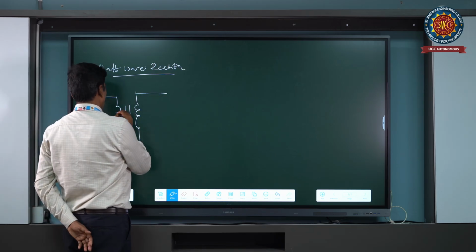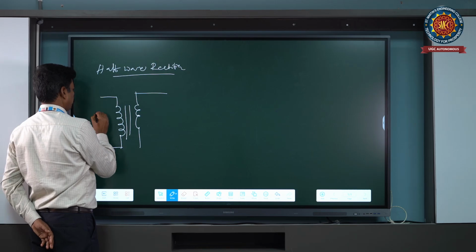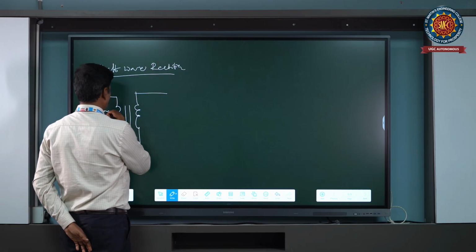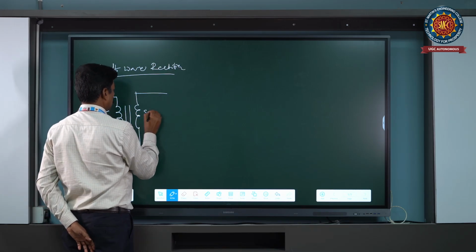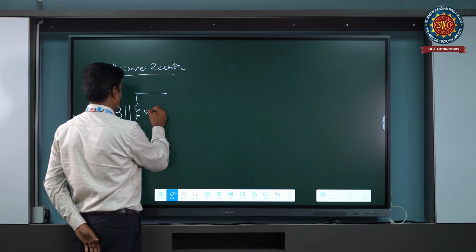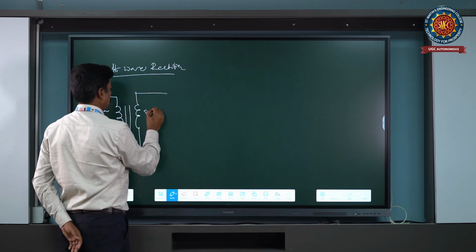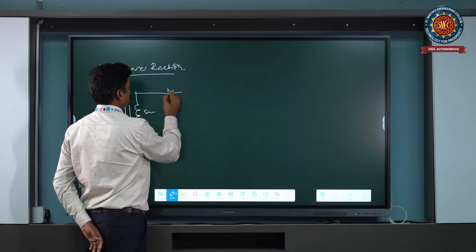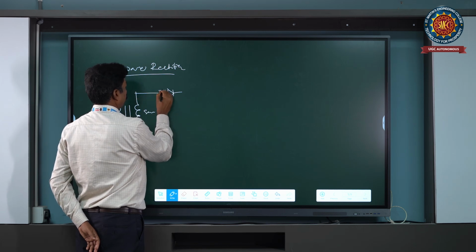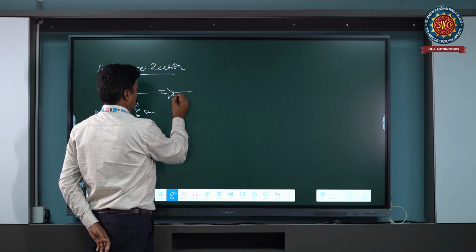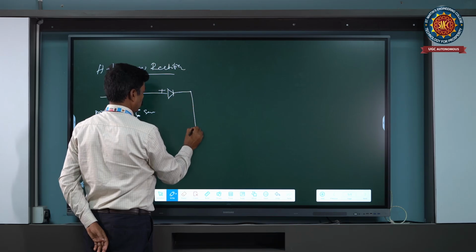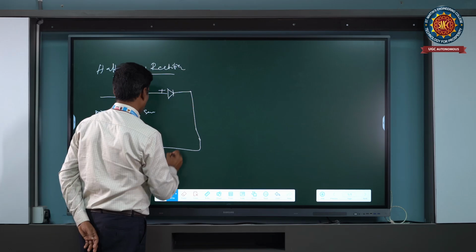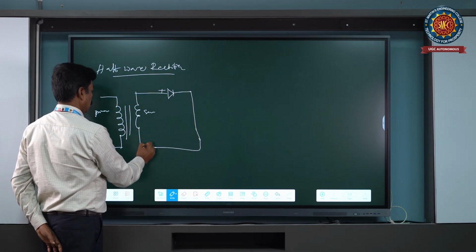It shows the number of turns of the primary and the secondary coil. The transformer positive is connected to the diode positive, and the diode negative is connected to the transformer negative.